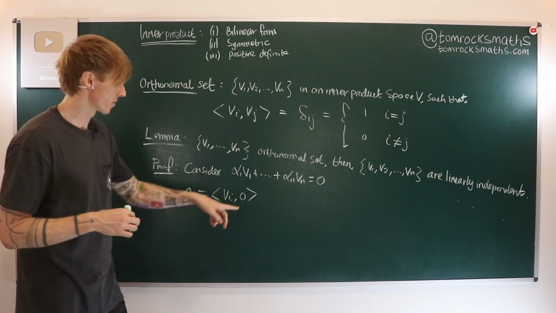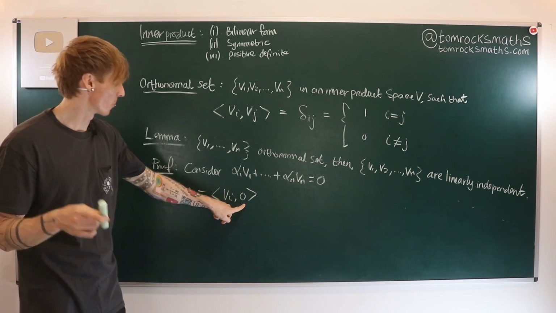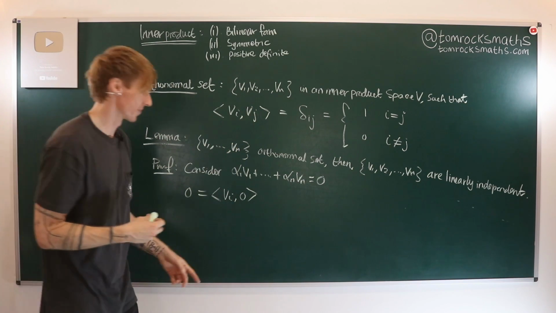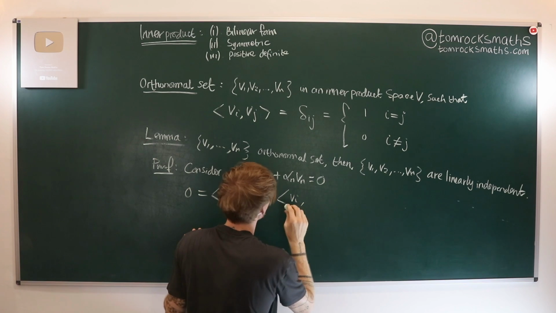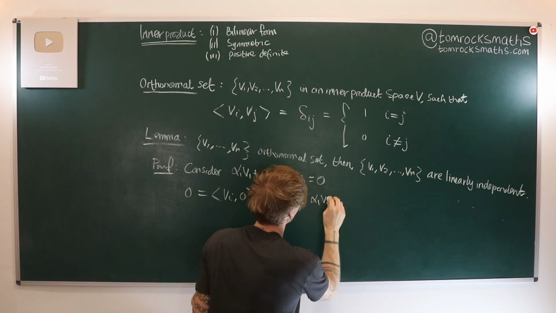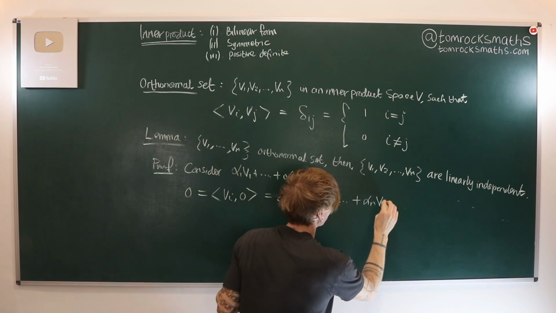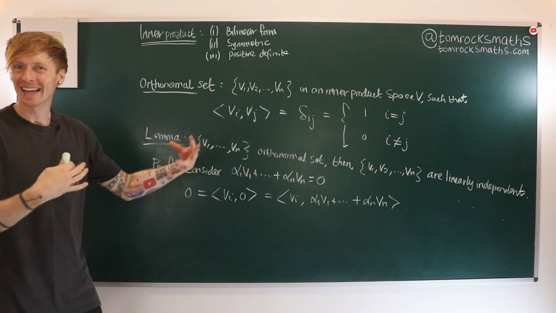But now we can replace the 0 inside our inner product with this combination here, which of course is 0. So we can say, well, actually, this is the same as vi, comma, alpha 1 v1 plus ... plus alpha n vn. Now we can explicitly use linearity.